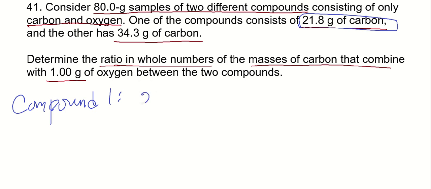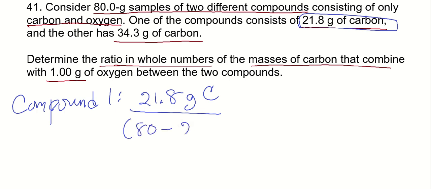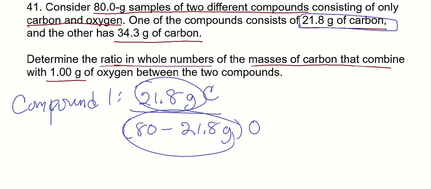We have 21.8 grams of carbon to a ratio of 80 minus 21.8 grams, because that's going to give us the oxygen part. If the whole thing is 80 and there's only two elements, and 21.8 is carbon, then the rest of it must be oxygen.